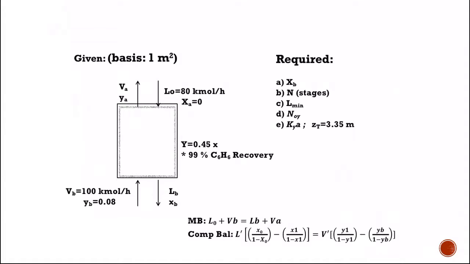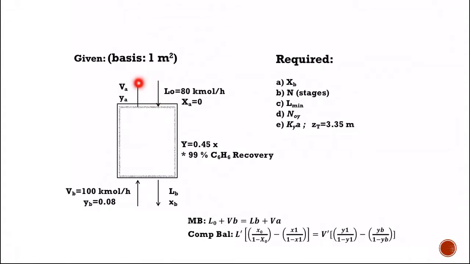We are given an absorber with oil or liquid fed to the column as 80 kilomole per hour. We don't have any mole fraction given here. For the gas feed rate, we have 100 kilomole per hour and a mole fraction of 0.08.